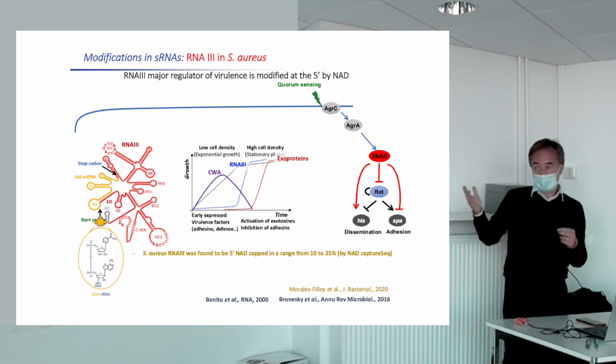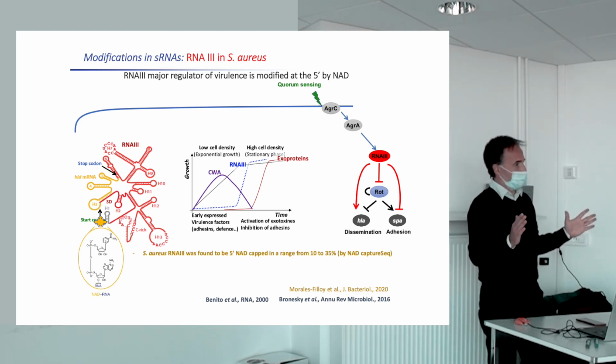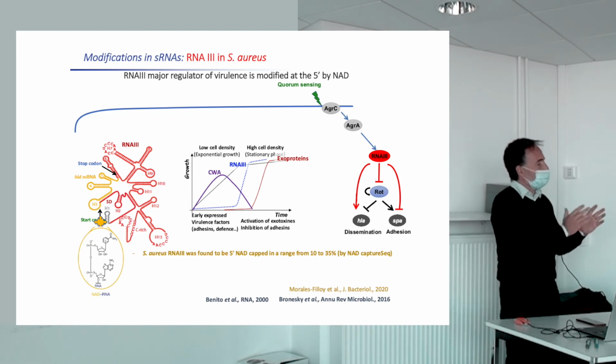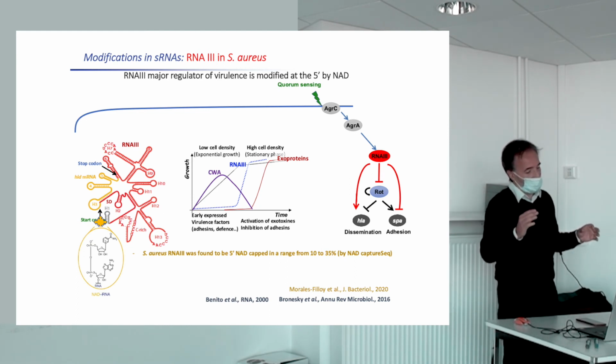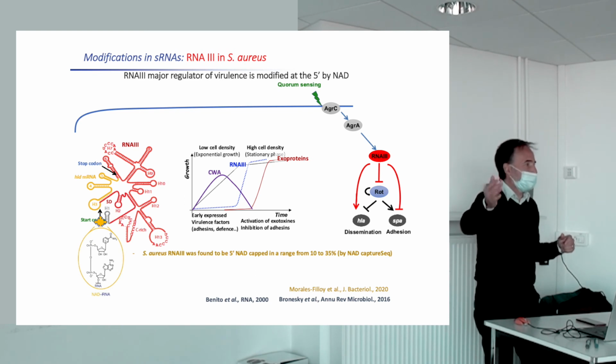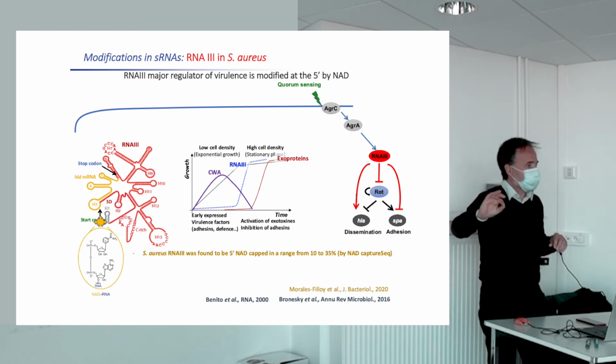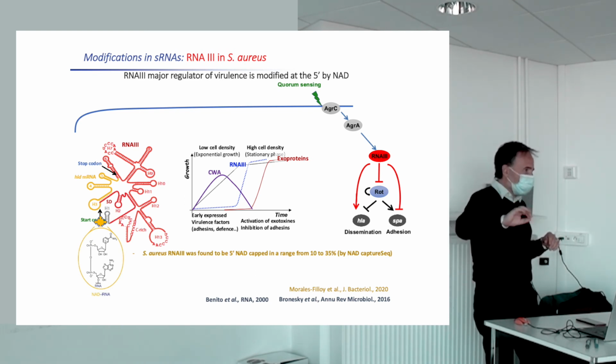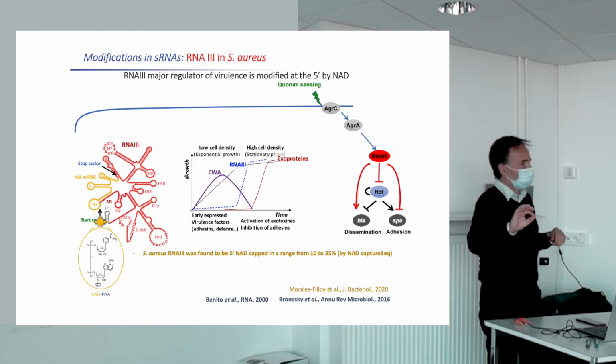And this is what is interesting in this work, due to the sequence of the promoter. Depending on which kind of promoter, and actually which kind of nucleotide is at the -1 of the transcription start site, you may or may not incorporate a NAD molecule as a first nucleotide.